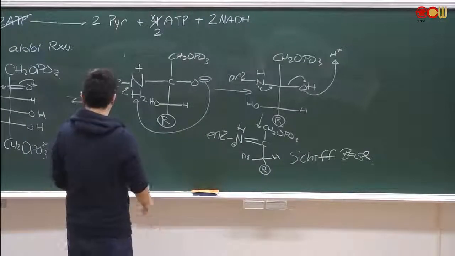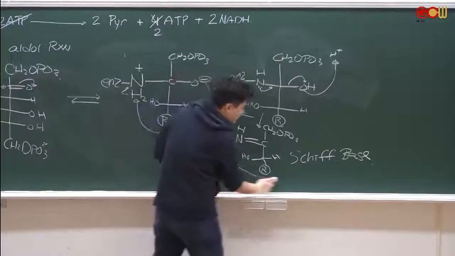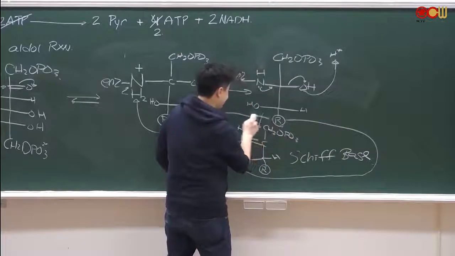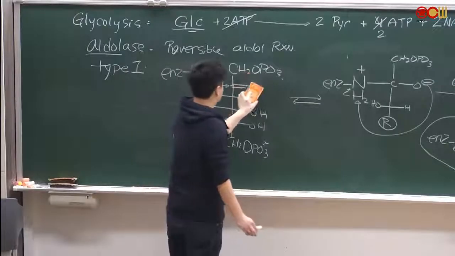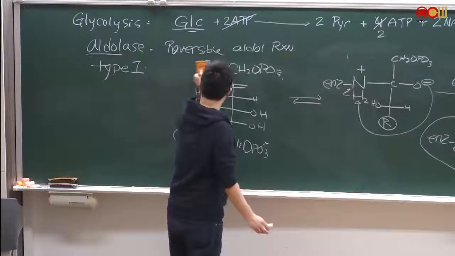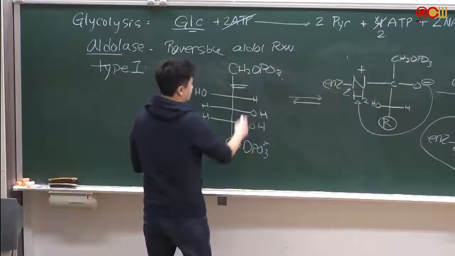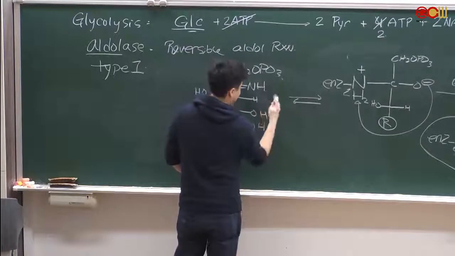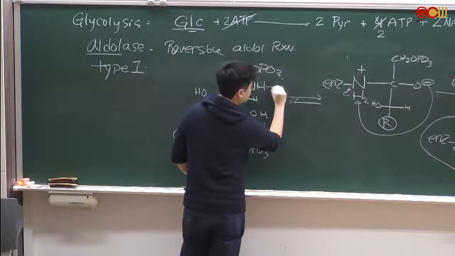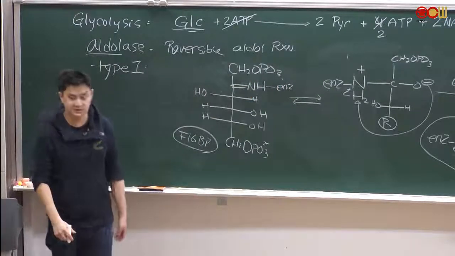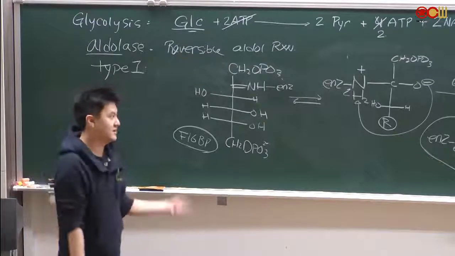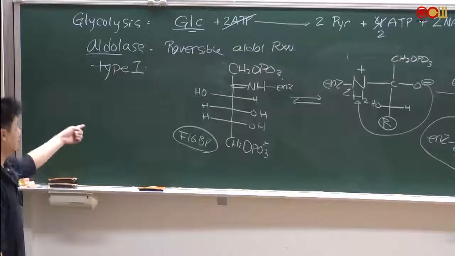But the bottom line is you generate this particular structure. You generate this Schiff base intermediate, and that is attached to your enzyme. So essentially you turn the carbonyl of your fructose 1,6-bisphosphate into your imine.